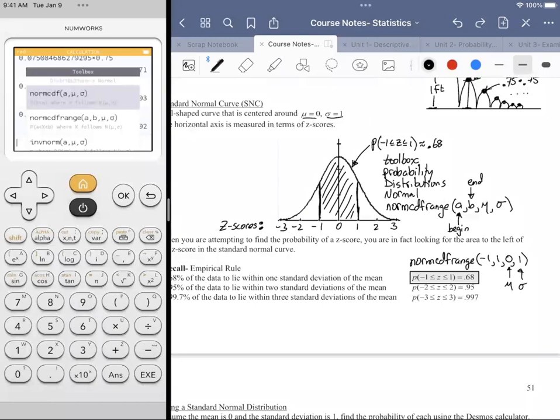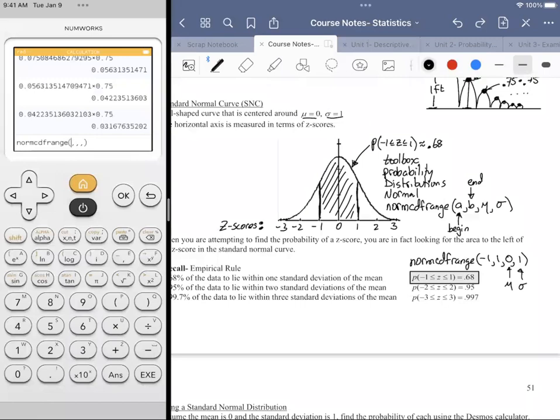So when I pop this into NumWorks, norm CDF range, you pop in your -1, your +1, your mean, your standard deviation. It gives you a more precise variant of the 68%. So 0.6826894921. Right.